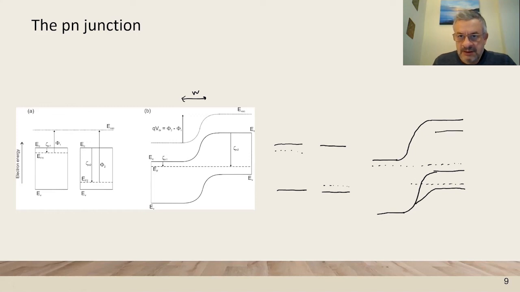And this one is going to come here. So that we are reducing now the height of the barrier when we apply a bias voltage.